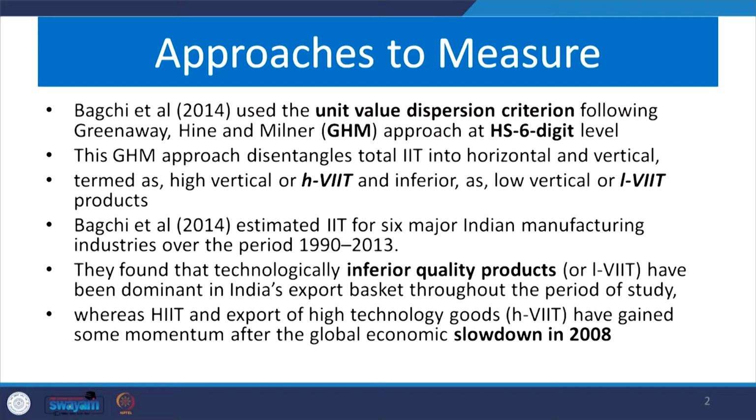GHM stands for Greenaway, Hine, and Milner, who initiated the discussion on intra-industry trade in detail, and GHM is very famous so far as the discussion of IIT is concerned.